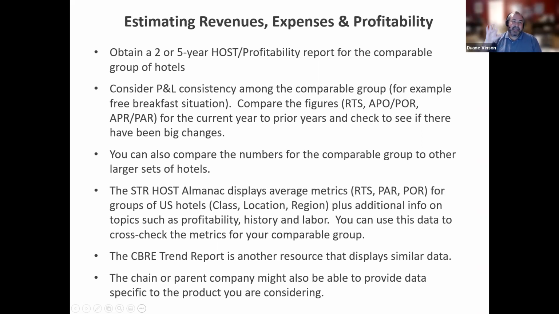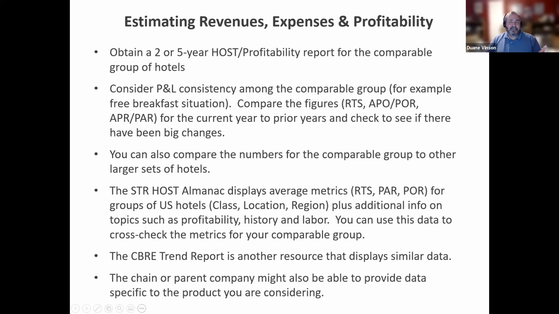It does break it down by class of hotels, location of hotels, and regions of the country. So again, in the absence of good comparable P&L data for an area, you could use those industry averages for that area and type of hotel, taken from the HOST Almanac.